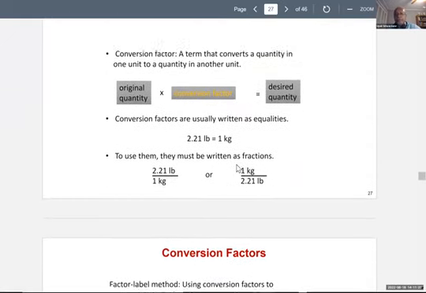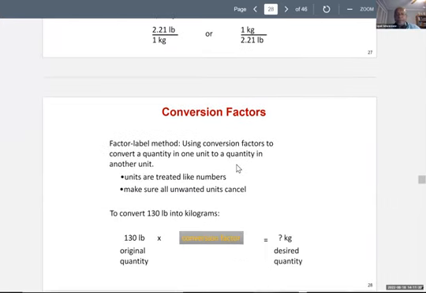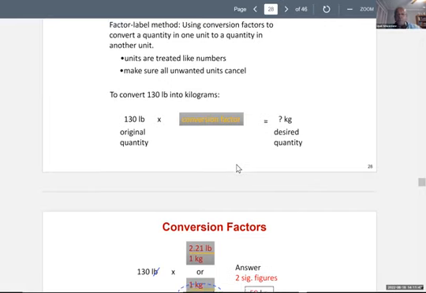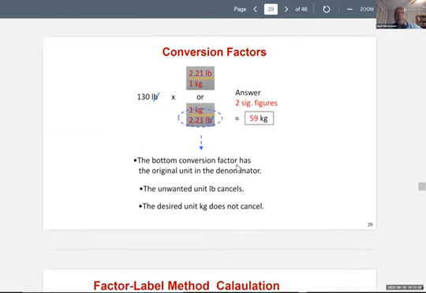We have gone over this, converting pounds to kilograms, so I put it again here. This is 130 pounds converted to kilograms. We pick the bottom conversion factor, 1 kilogram divided by 2.21, and get 59 kilograms.